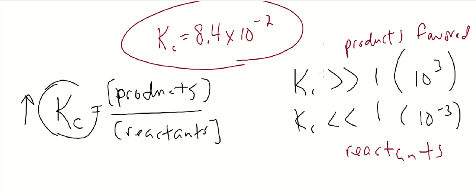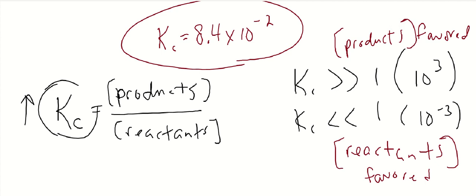And hopefully you can see that. So in what scenario would Kc be very, very small? It's because the concentration of the reactants was very, very big, so the reactants are favored.